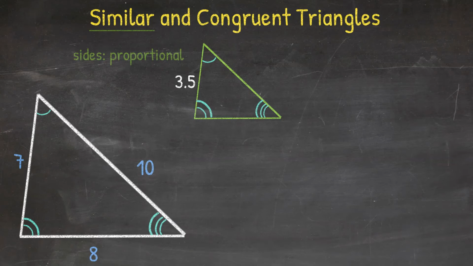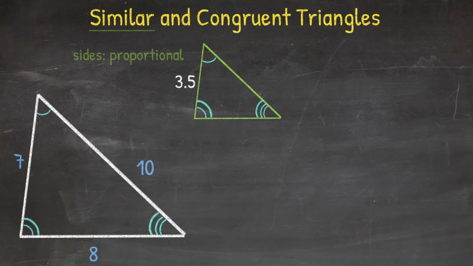Let's demonstrate how we can take advantage of this knowledge. Let's assume we're provided two triangles and all the sides for one are offered to us, and we are also informed that the smaller green triangle is similar to the white triangle.